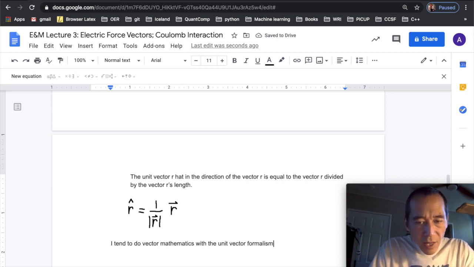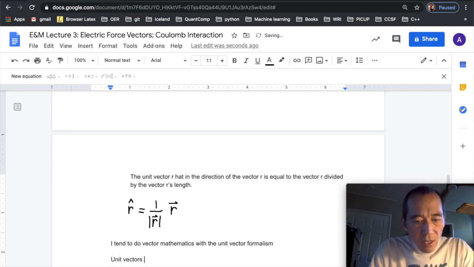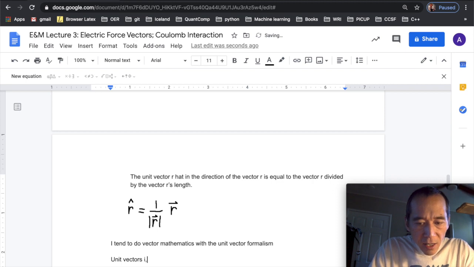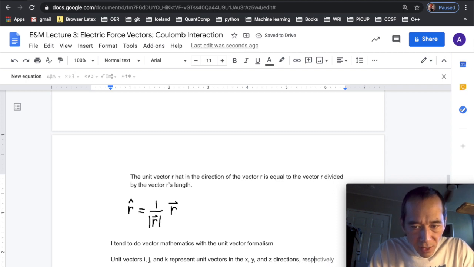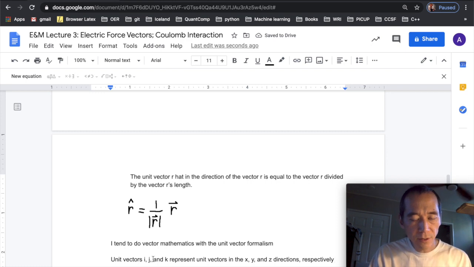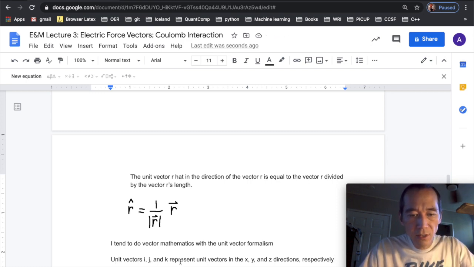And what I mean by that is the unit vectors i, j, and k represent unit vectors in the x, y, and z directions respectively. So this is how I'm going to do it.